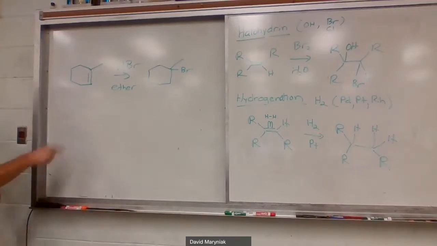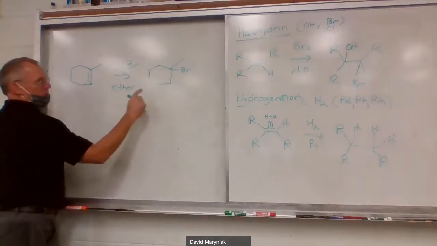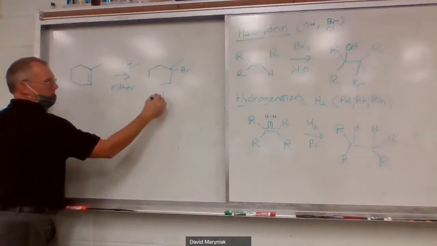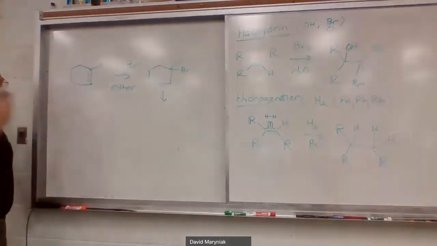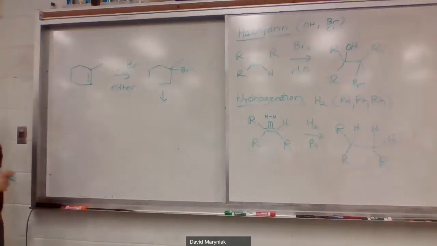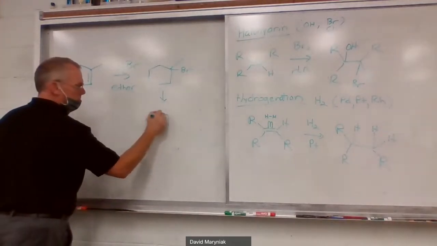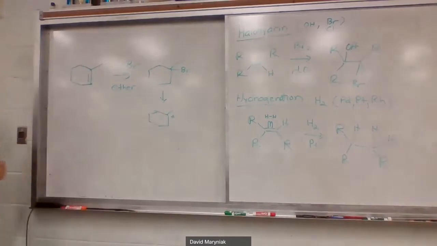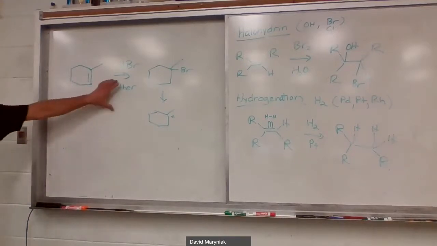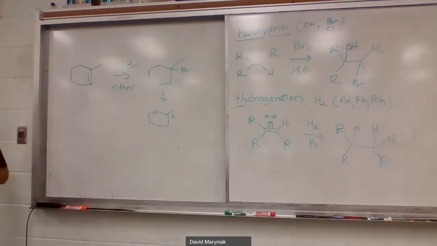So in other words, if we did this, what might happen to this if we didn't have a good solvent to stabilize it? Could it easily form that carbocation? And if we didn't want to form a carbocation, then that would be bad. So could we provide a solvent that helps stabilize stuff?